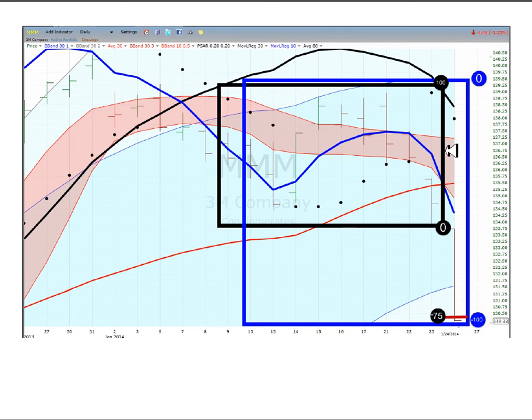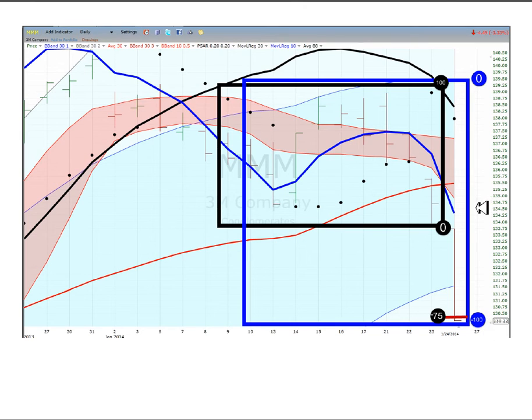So the blue box represents 10 days of look back, including today, the 0 day, and it finds the highest high and gives that a score of 0, and then finds the lowest low, which happened to be the close in 3M, and gives that a score of -100. So 3M in the Williams percent R world would have a score of -100.